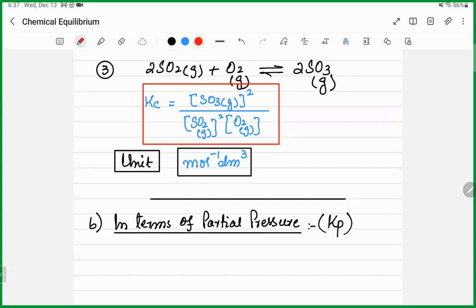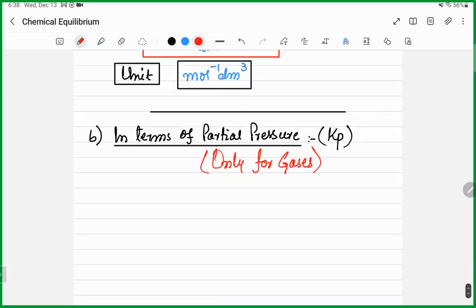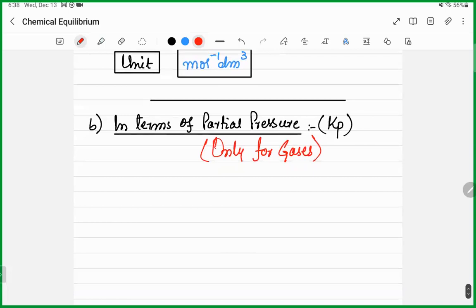And make sure that this is only for gases. You cannot write Kp for liquid. ठीक है? gases के लिए आप Kc लिख सकते हैं, लेकिन Kp आप सिर्फ gases के लिए, Kp आप liquids के लिए नहीं लिख सकते. ठीक है? Clear? So it is only for gases.